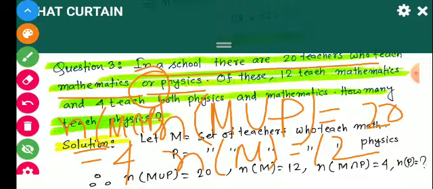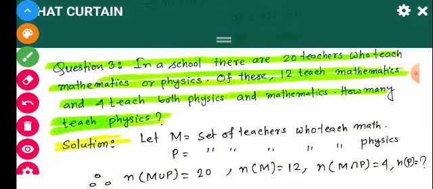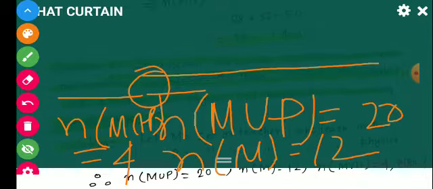So students, we have seen all the given information. We have to use this information and find out how many physics teachers there are.